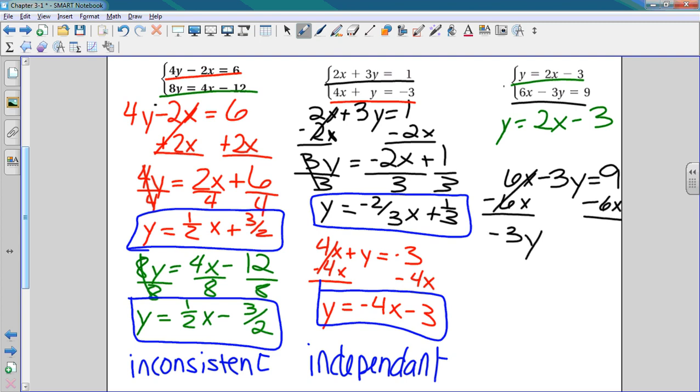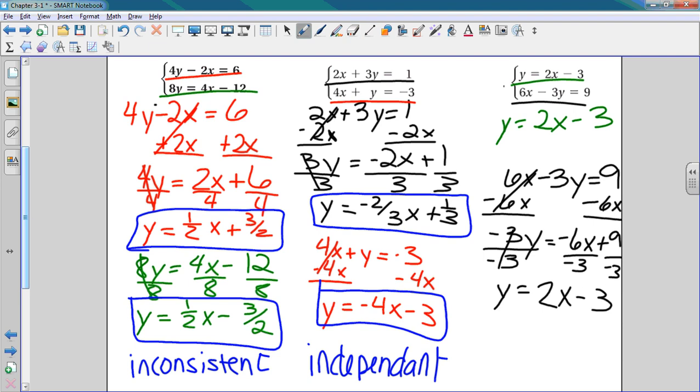So I have negative 3y equals negative 6x plus 9. Now divide by negative 3. y equals negative 6 divided by negative 3, which is positive 2x, plus 9 divided by negative 3, which is actually minus 3.